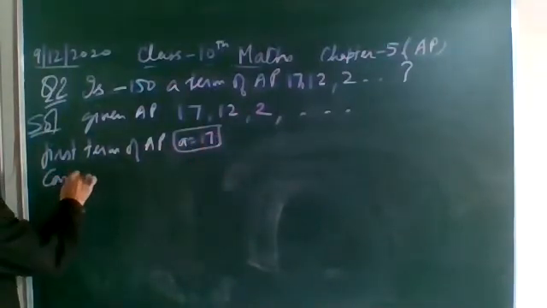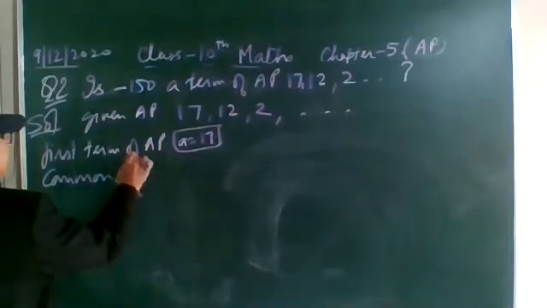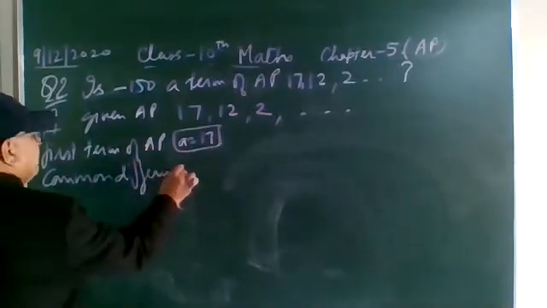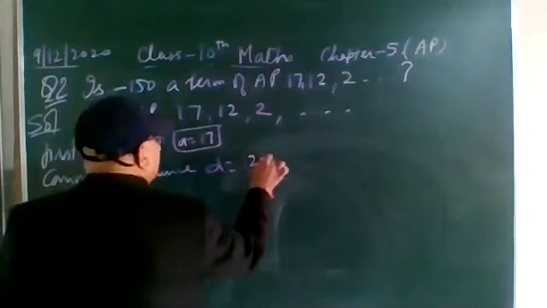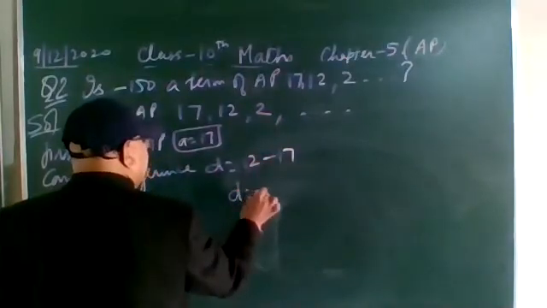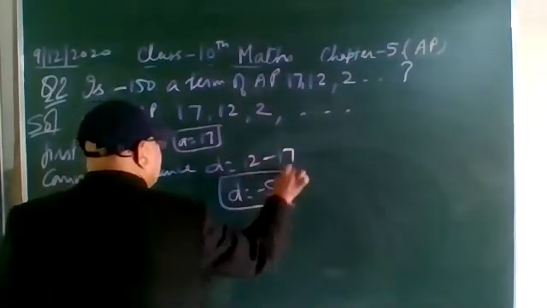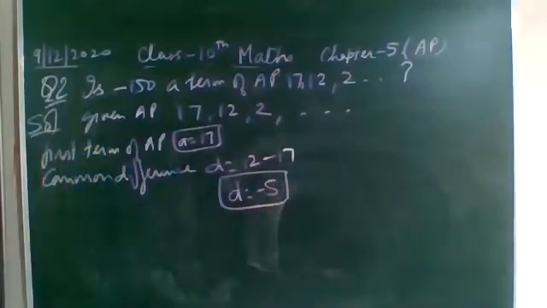Common difference D, 12 minus 17, D is minus 5.